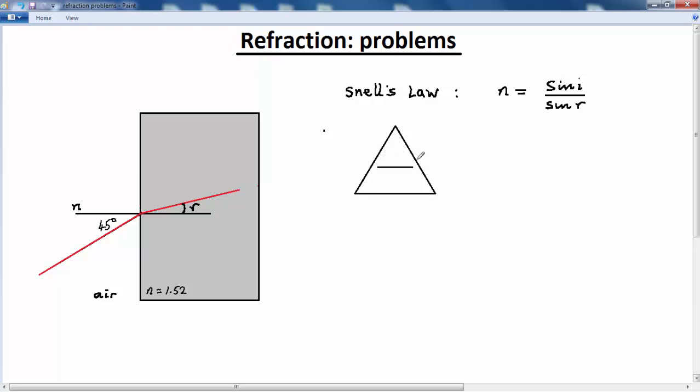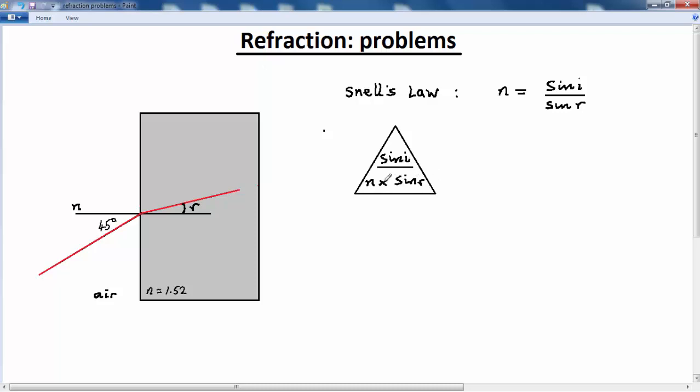Alright, so we've got the division bar, and we write sine of i, sine of the angle of incidence, divided by the sine of the angle of refraction, and then the third term, in this case which is n, slots in here. Now the term that we're after here is the sine of r.